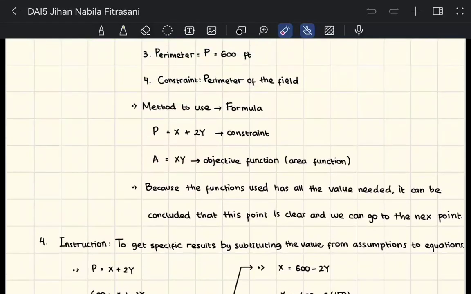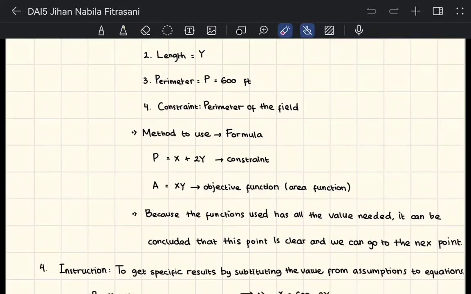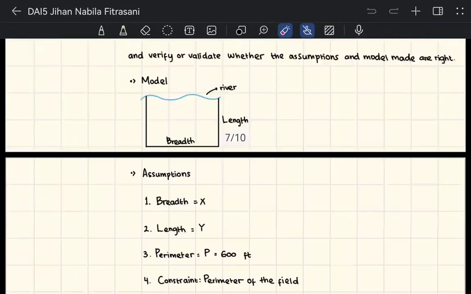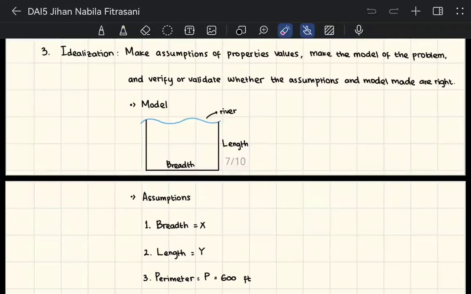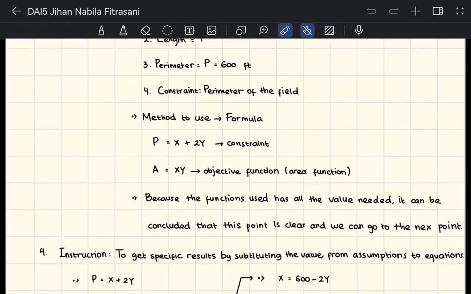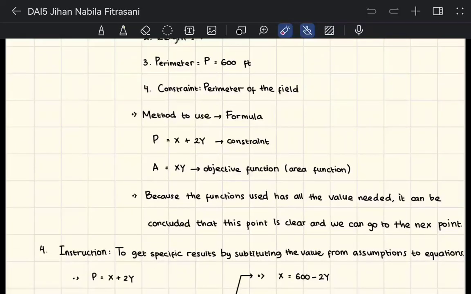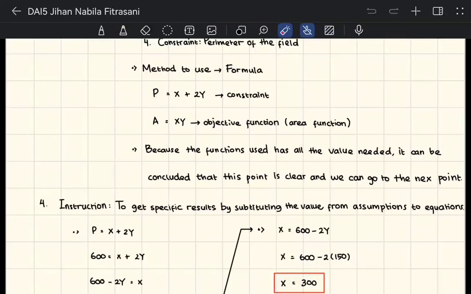Then there's another formula to use, which is the objective function, which we will use as the area function, and this formula will find the biggest area we could get within the constraint. Then we verify whether the assumptions and model are right. Because the functions used have all the values needed, it can be concluded that this point is clear, and we can go to the next point, which is the last point.